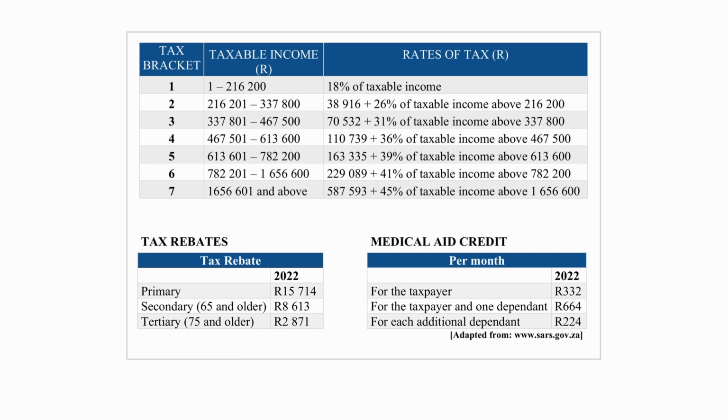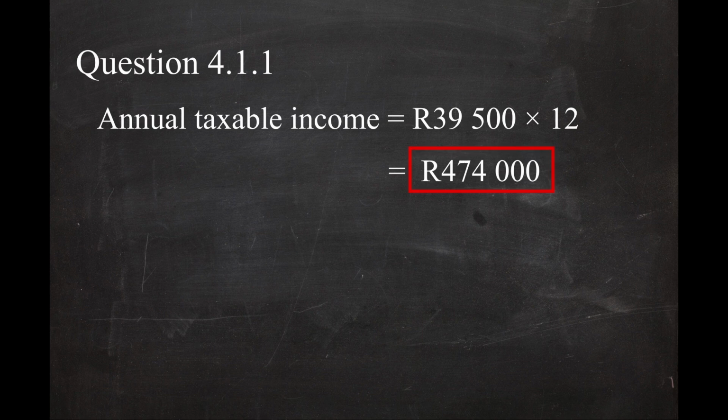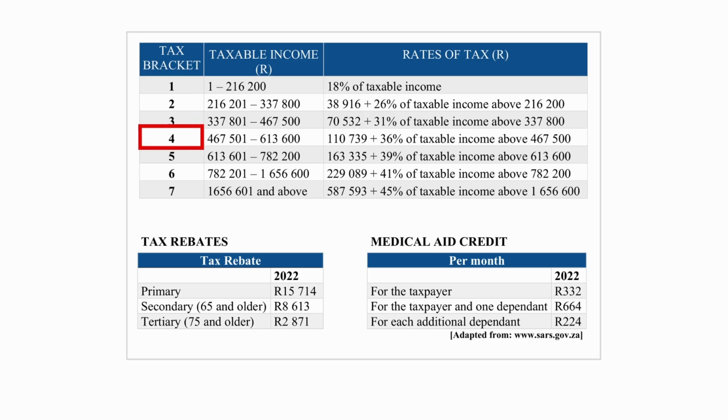The first step in this calculation is to identify the tax bracket applicable to this person. With an annual taxable income of 474,000, he falls into the fourth tax bracket. The tax for this bracket is calculated using the equation 110,739 plus 36% of taxable income above 467,500.